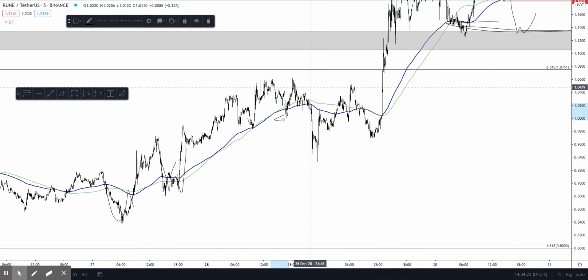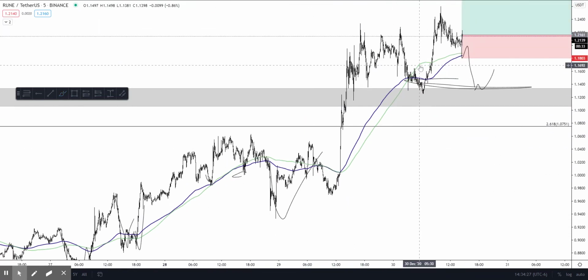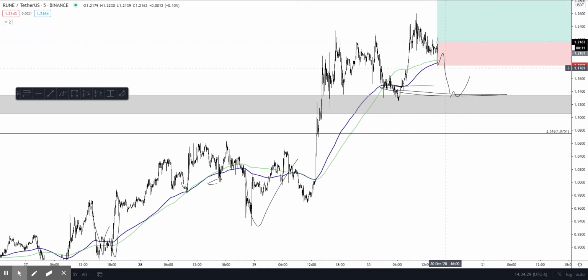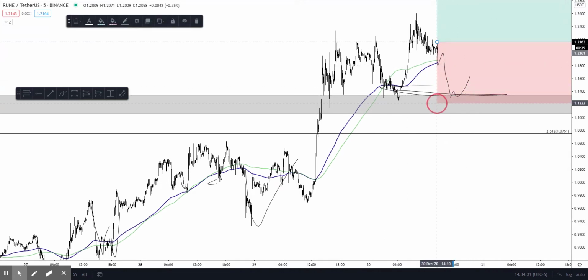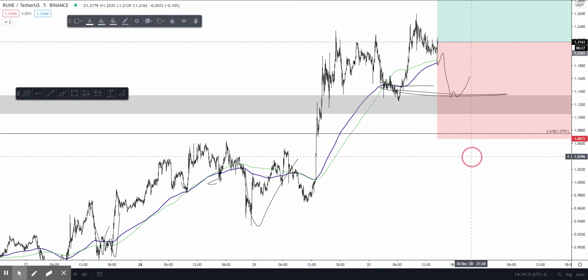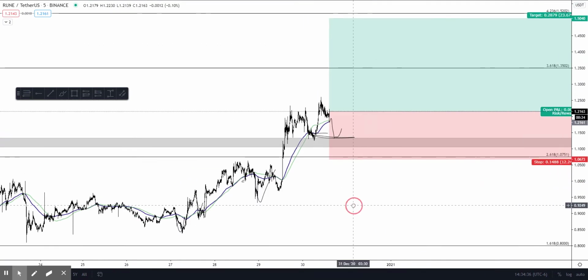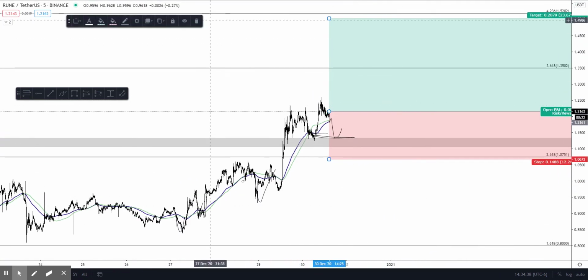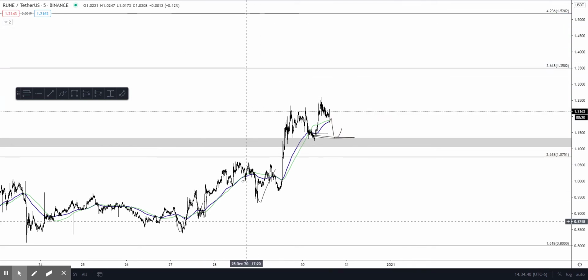And then you get these wicks down, so maybe three. So it's not really getting respected too well, especially this price action here. So can't put your stop loss there, can't put it there. You have to put your stop here, and that gives you a 2R trade. So is it too late to enter now? Yes.